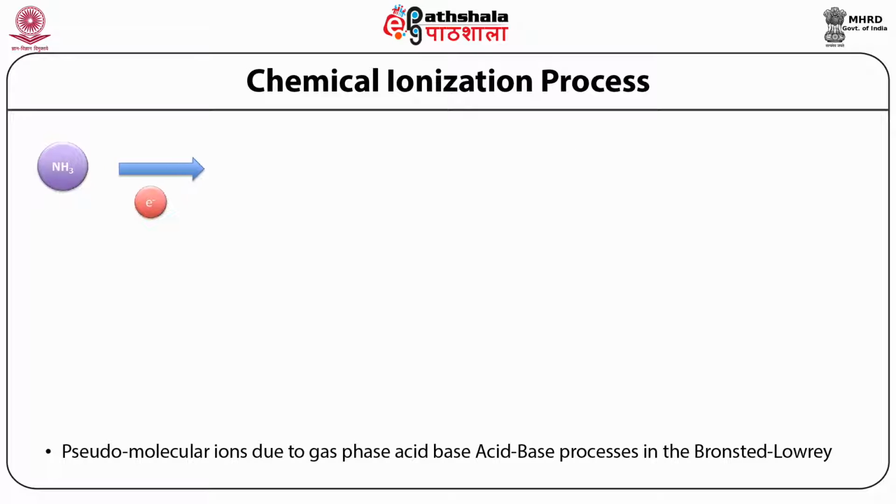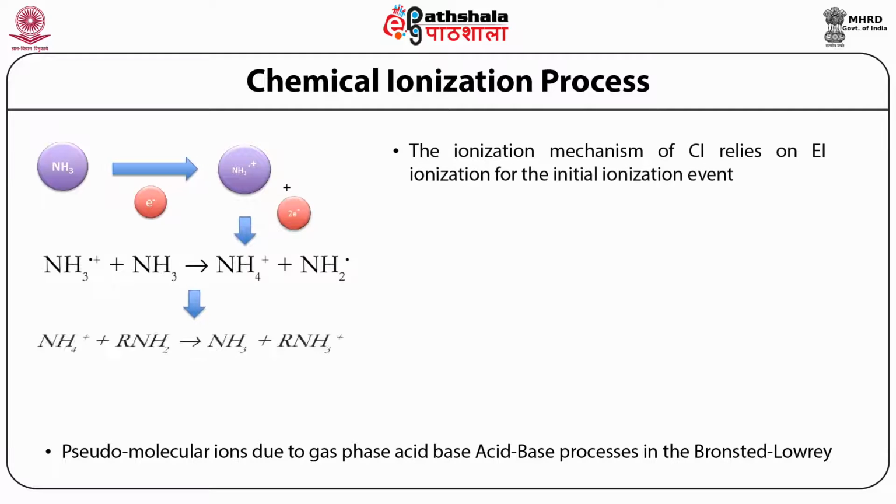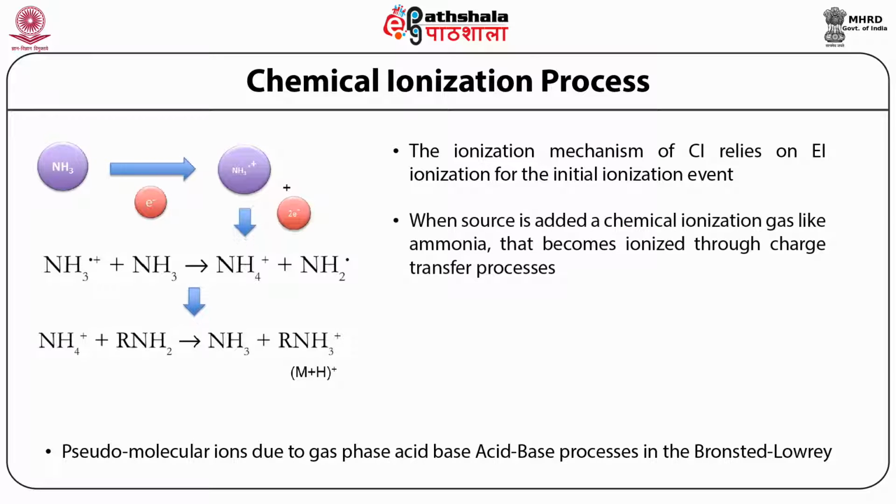This process is employed in atmospheric pressure chemical ionization, where a corona needle is used for charge transfer. The ionization mechanism of chemical ionization relies on electron impact ionization to some extent for the initial ionization event. When a source is added with a chemical ionization gas like ammonia, that becomes ionized through a charge transfer process through the corona.